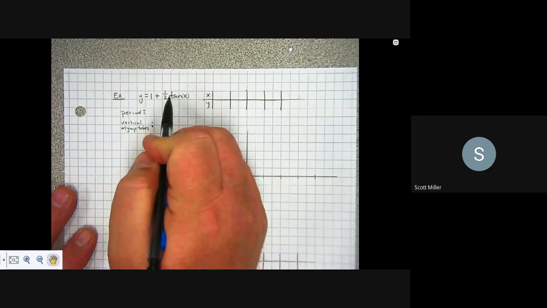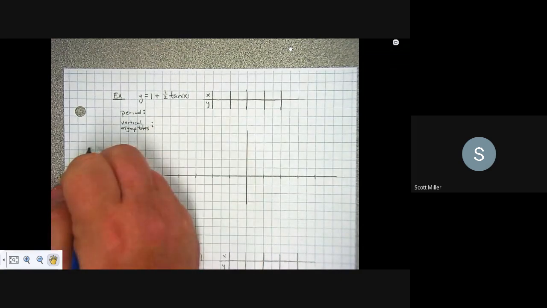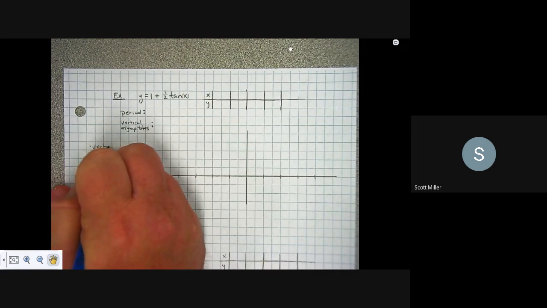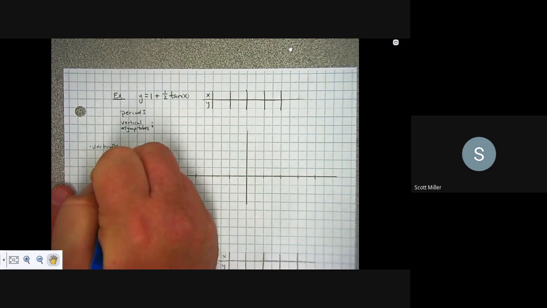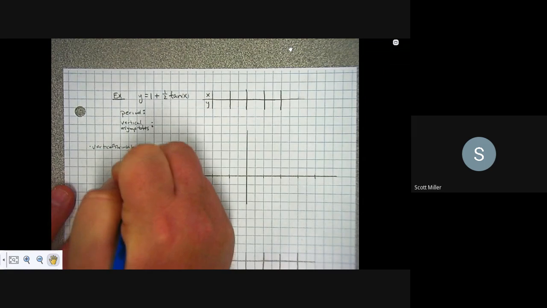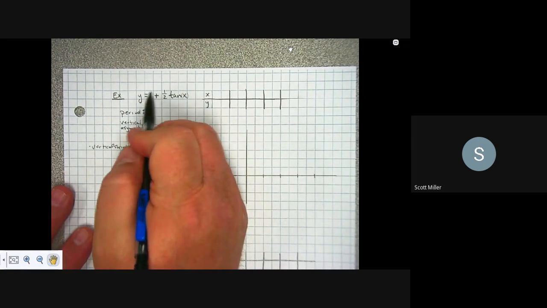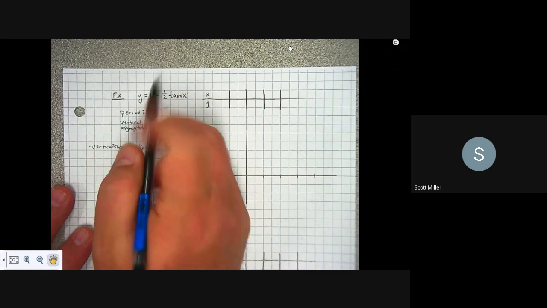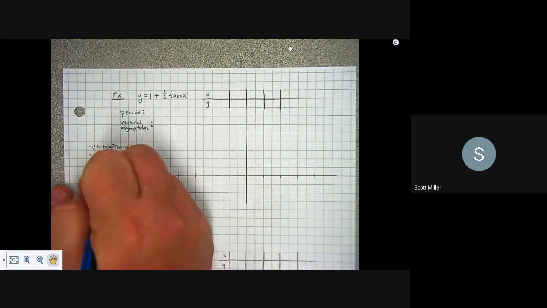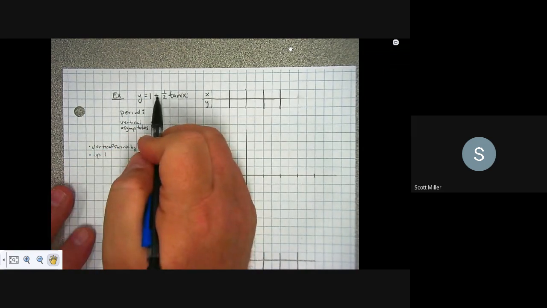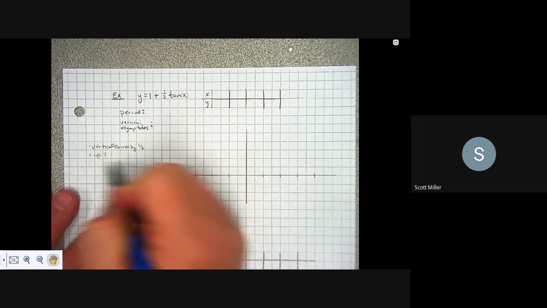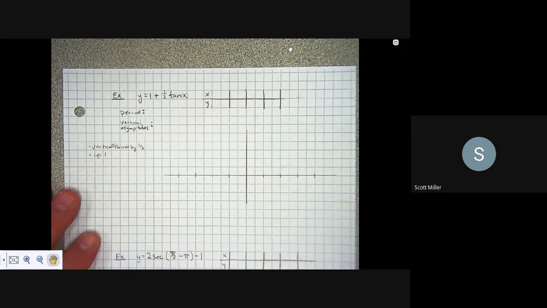So a is 1/2, which means we have a vertical shrink by 1/2. And then this number right here is being added to this term, so that means it's up 1. And that would have determined if we had any reflections on the x-axis. So there are my two transformations for this curve.